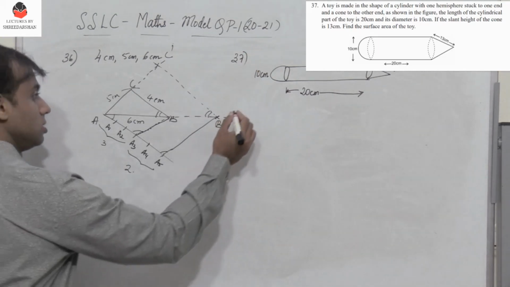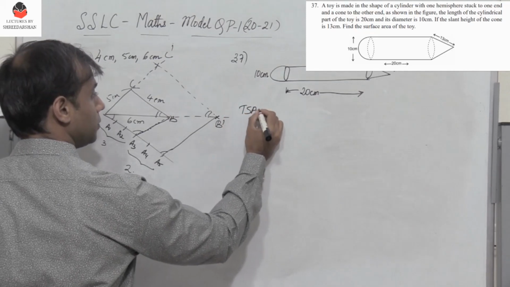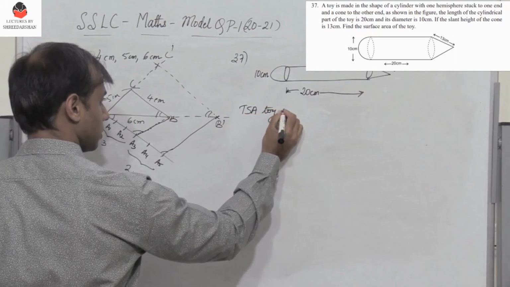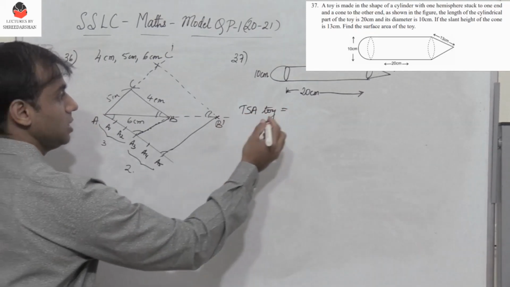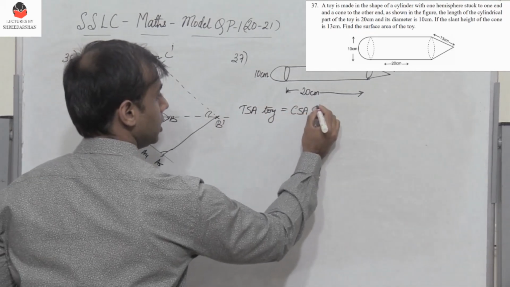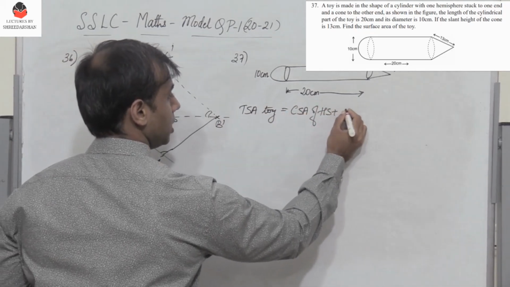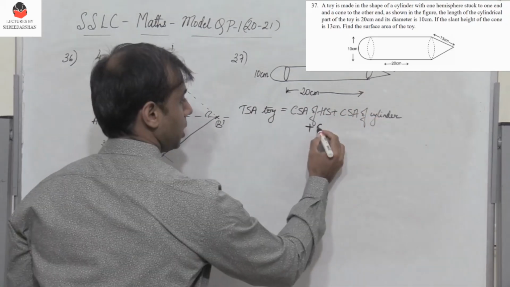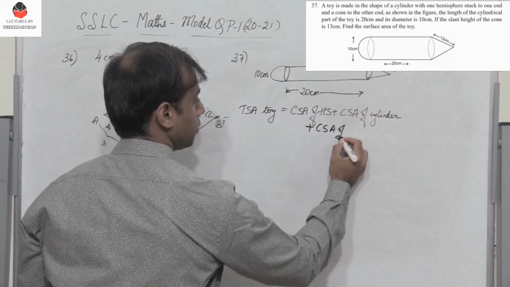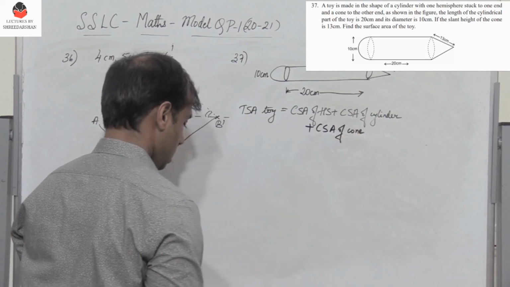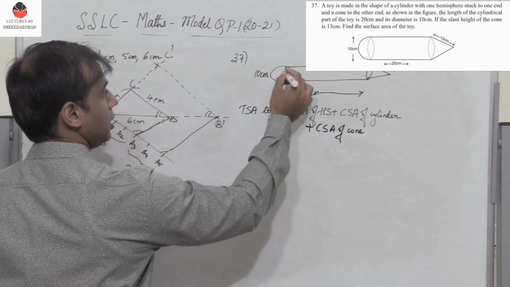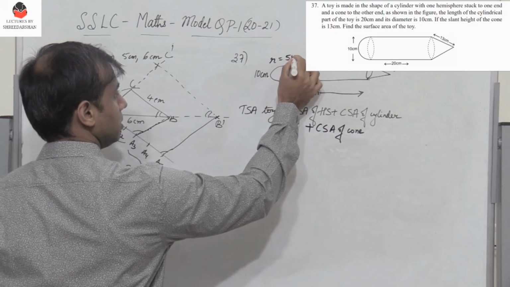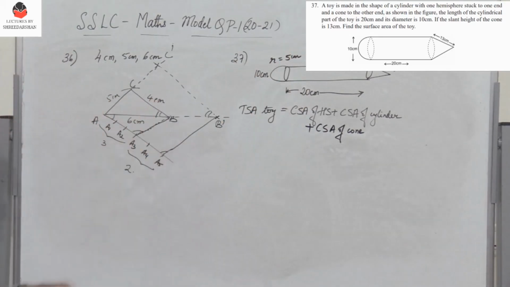So the total surface area of the toy is nothing but the curved surface area of the hemisphere plus the curved surface area of cylinder plus curved surface area of cone. And what is the radius? The radius is nothing but 5 centimeters, so 10 by 2, which is 5.